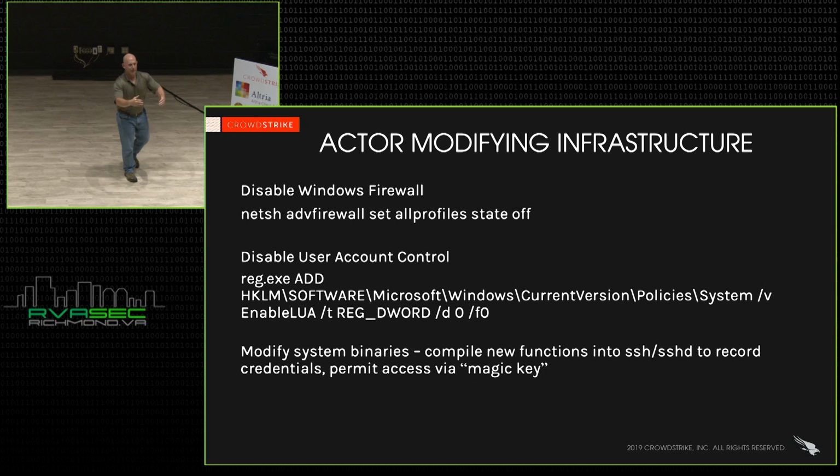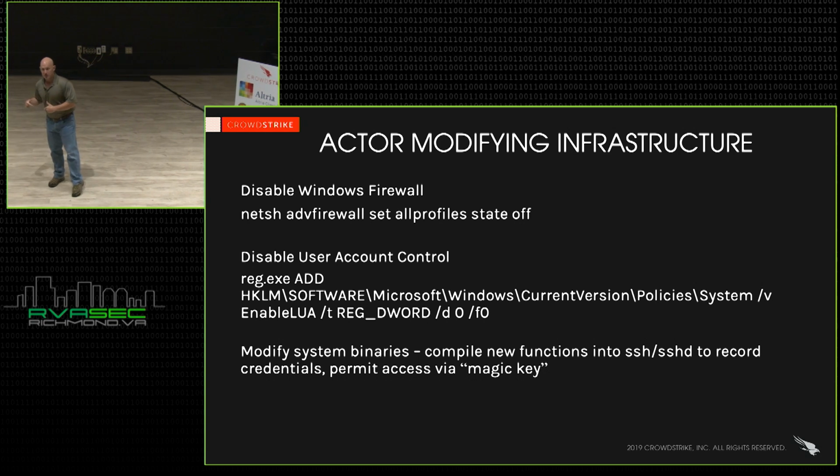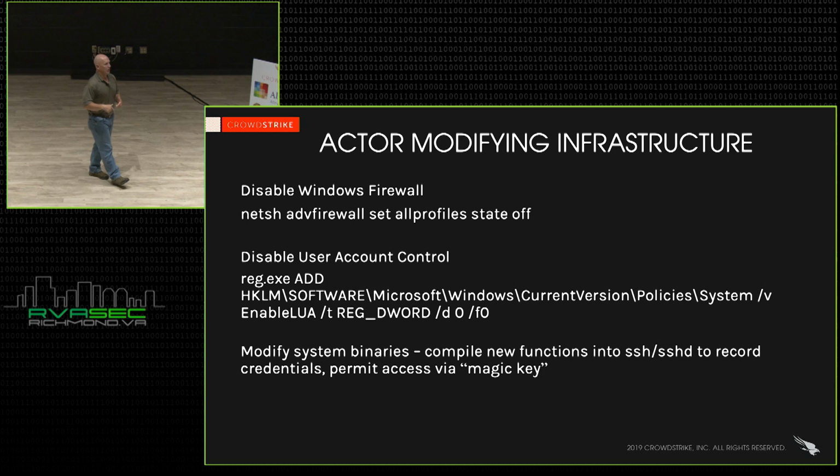We went and looked at the files that were extracted from the archive. They were new functions. Basically, whenever a user used SSH as a client, it recorded the system they connected to and their credentials. When somebody connected to SSHD, it recorded their credentials and where they came from.